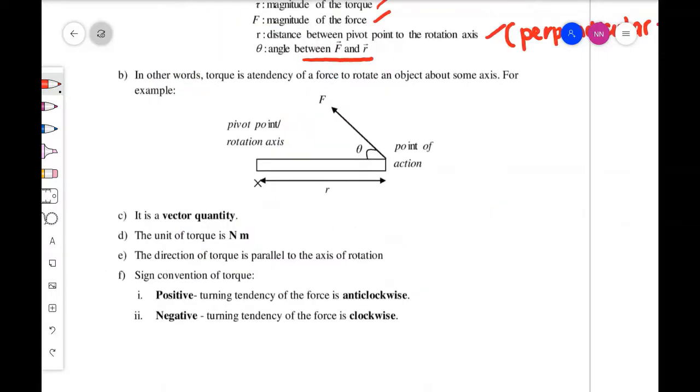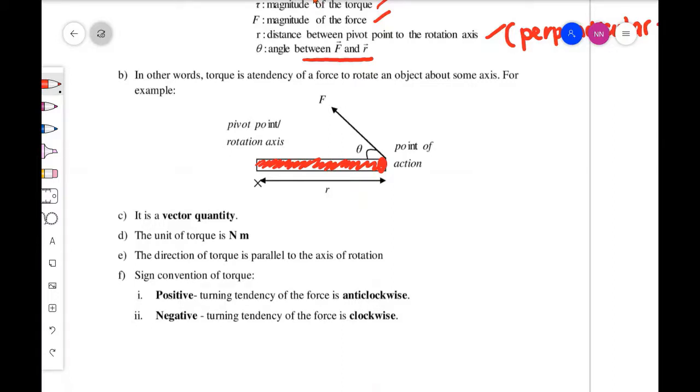In other words, torque is a tendency of a force to rotate an object about some axis. For example, we have this ruler, ruler or rod. Okay, when we touch at this point, so this ruler or rod tend to rotate.